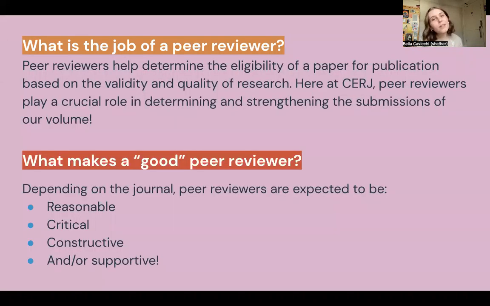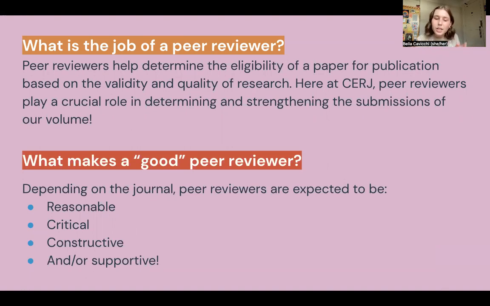To kick us off, what is the job of a peer reviewer? I think peer reviewers are so crucial to the research process because what they do is help determine the validity of our studies. You might have often heard in the research community about giving back to it, and I think peer reviewing is perhaps the most obvious and most common way of doing that.